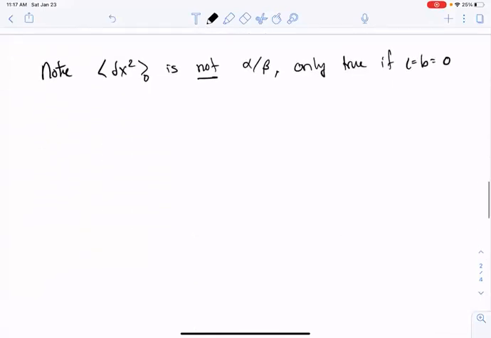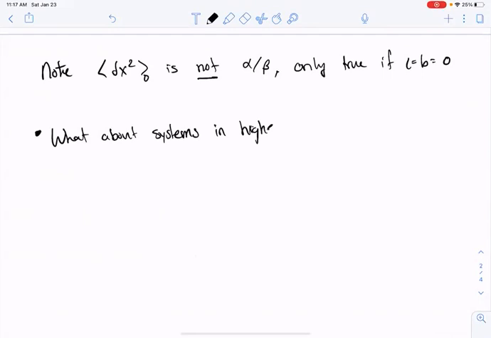Okay, so now let's take one more step in generalization, because there's a useful lesson here.